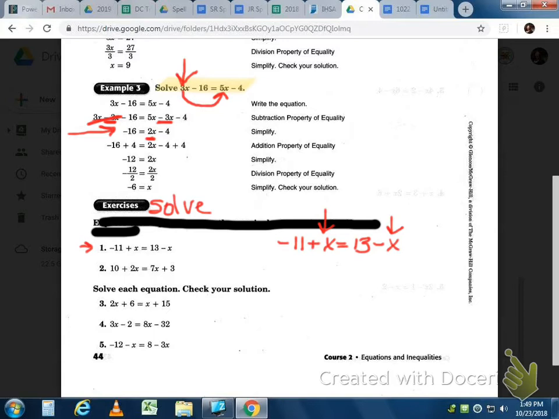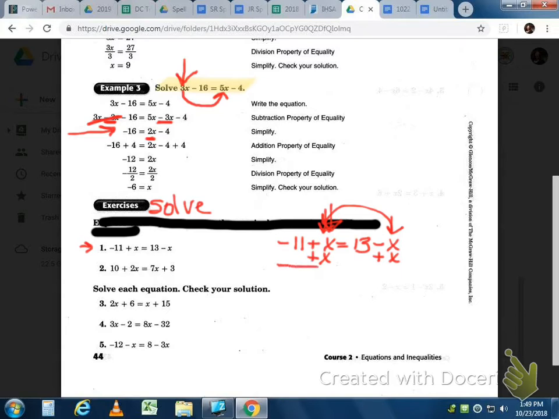So the one that has the negative in front of it is the one that I'm going to move. So to make this go over here, I would add x. So you're going to add x underneath the minus x, and you're going to add x under the x on the other side, because whatever you do to one side of an equation, you got to do both. So I'm going to add 1x to each side.